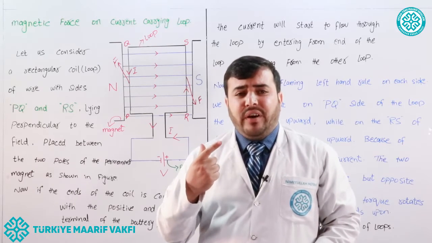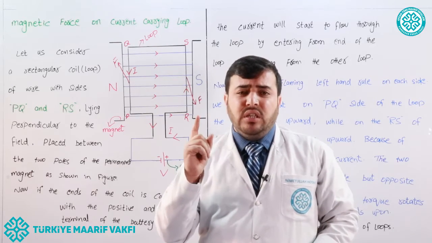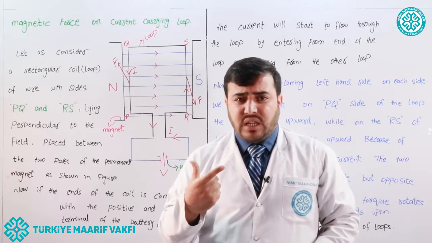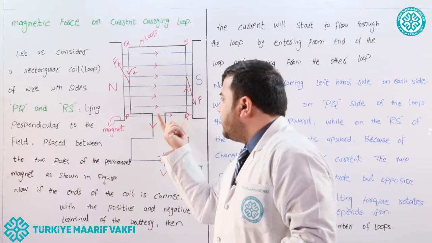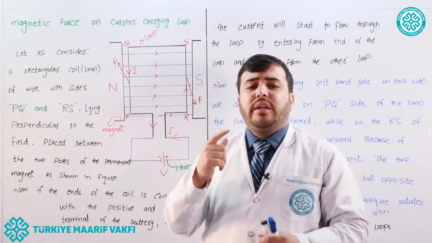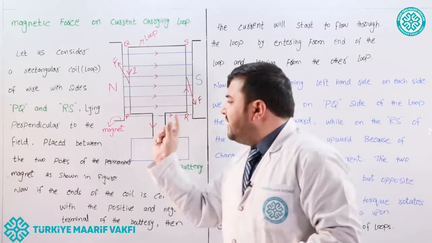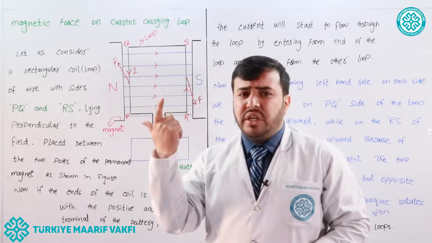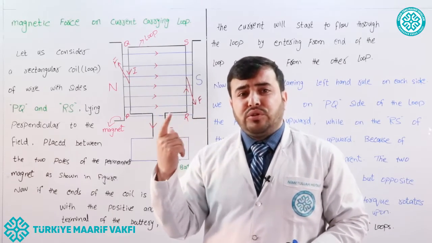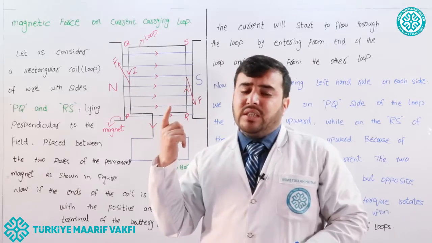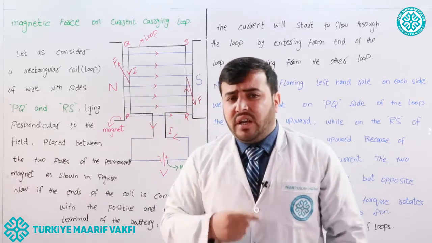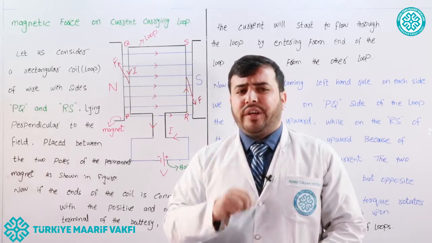Torque is defined as the rotational or the turning effect of the force. So here you can see that the direction of one force is inward and the other one is outward, so this coil will start to rotate. The force producing the rotation is called torque. And that torque depends upon two factors.